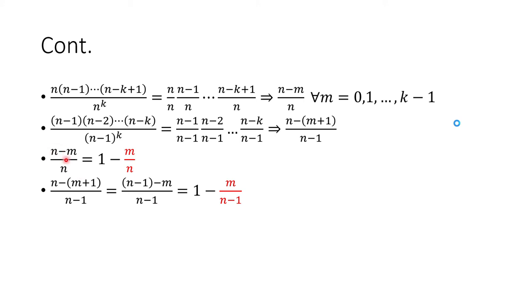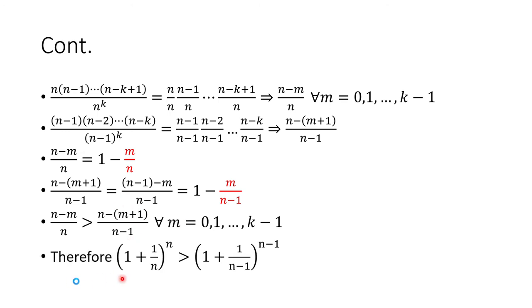So upstairs this one will be larger, so we show this is strictly larger than this, and therefore we prove the original claim, that (1 + 1/n)^n is larger than (1 + 1/(n-1))^(n-1). So that's proved. That shows this is strictly increasing, so it's a monotonically increasing function.